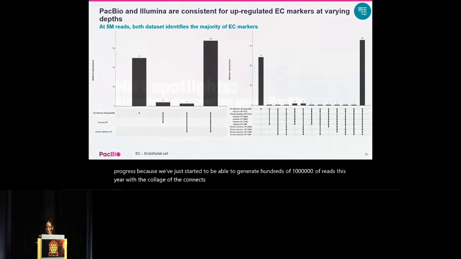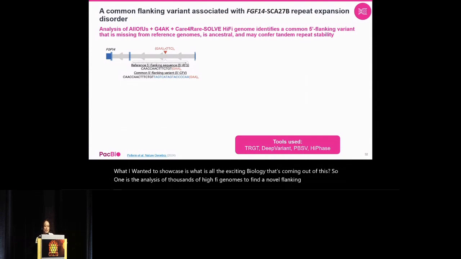Let's see if I can get through the publication highlights. What I wanted to showcase is all the exciting biology that's coming out of this. One is the analysis of thousands of HiFi genomes to find a novel flanking variant that is actually not in the reference. We keep saying the reference is the reference, but it's not.